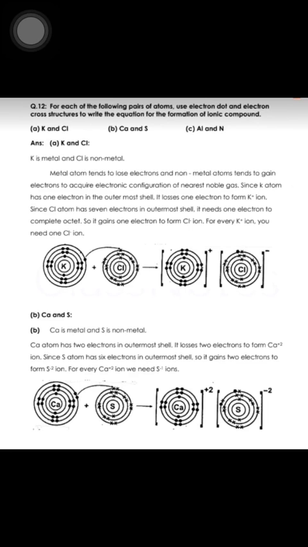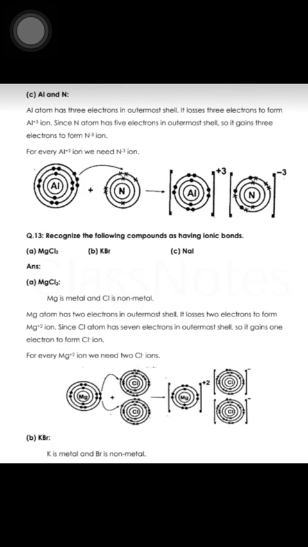In a similar way, calcium contains 2 electrons in the valence shell and sulfur has 6 electrons in the valence shell. So calcium will lose 2 electrons, whereas sulfur will gain 2 electrons to form cation and anion. Similarly, we will discuss aluminium and nitrogen. Aluminium contains 3 electrons in the outermost shell, and it will release 3 electrons to give to nitrogen, which has 5 electrons in the outermost shell, and nitrogen will form an anion of -3, whereas aluminium will form a +3 charge.